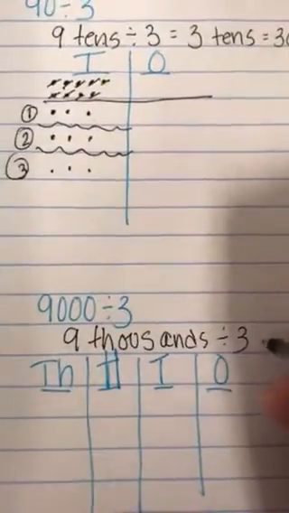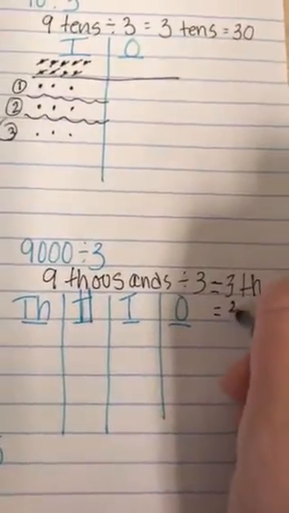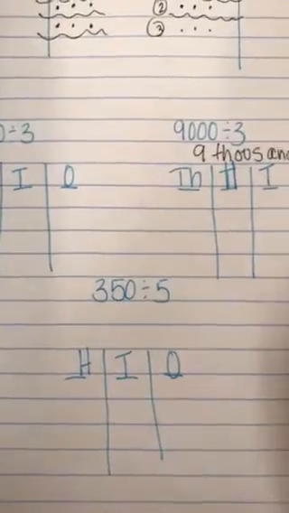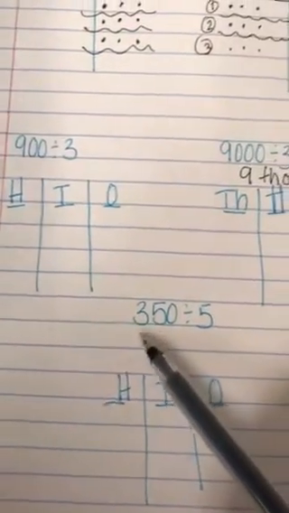And I know if 9 divided by 3 equals 3, 9 thousands divided by 3 is going to equal 3 thousands, which is equal to 3,000.